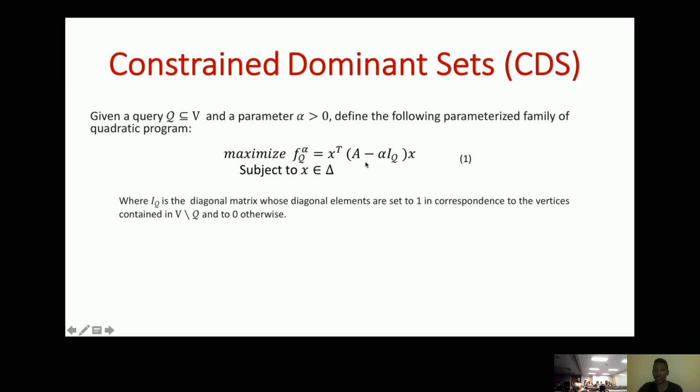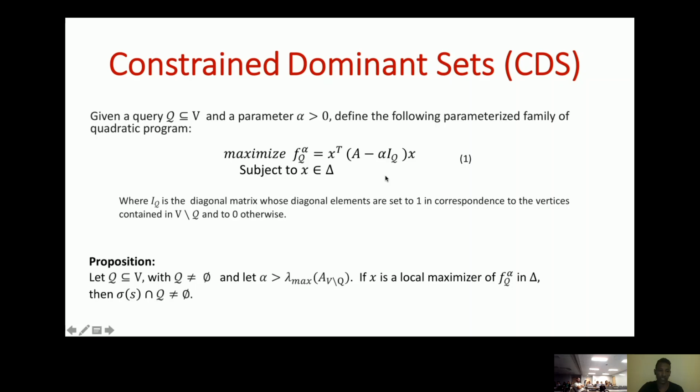This can be achieved by simply modifying the previous linearly constrained optimization by subtracting alpha along the diagonal of matrix A, which corresponds to the vertices outside the query.